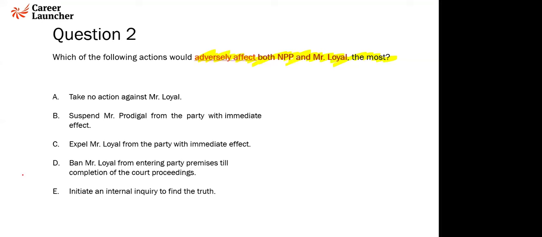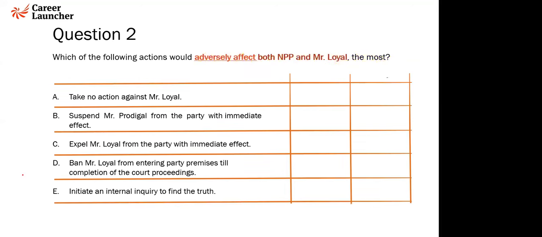Take no action against Mr. Loyal. If you take no action against Mr. Loyal, the NPP will be negatively impacted, but Mr. Loyal will still be happy with it. So it is not going to adversely impact Mr. Loyal because NPP has not taken any action against him or his son.